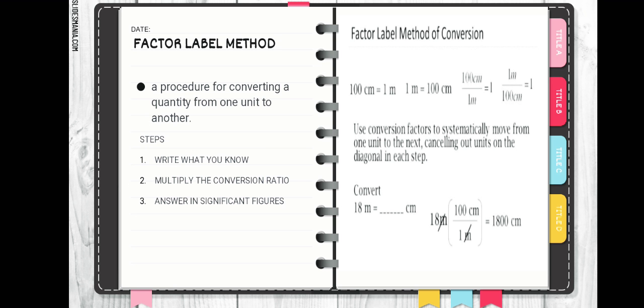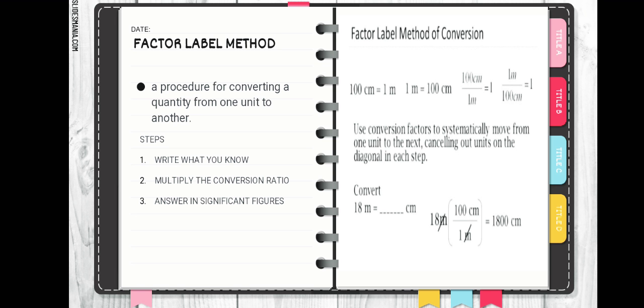So here we have two ways or techniques on how to easily convert one unit to another. First is the factor label method. I know most of you know this since we already have our Math 100, and this factor label method is a procedure for converting a quantity from one unit to another.